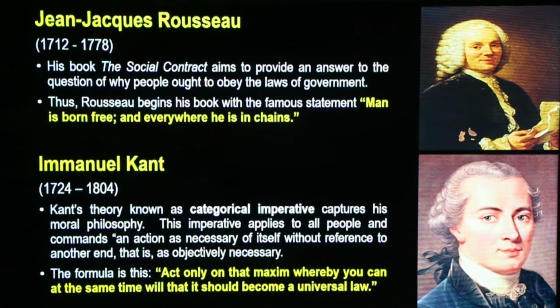We also have Jean-Jacques Rousseau, who wrote a book titled The Social Contract, which aims to provide an answer to the question of why people ought to obey laws of government. The obvious reason why we need to obey laws of government is to preserve order and harmony.